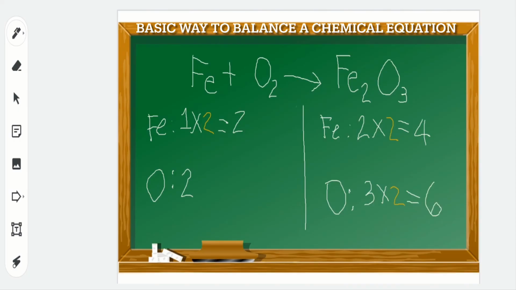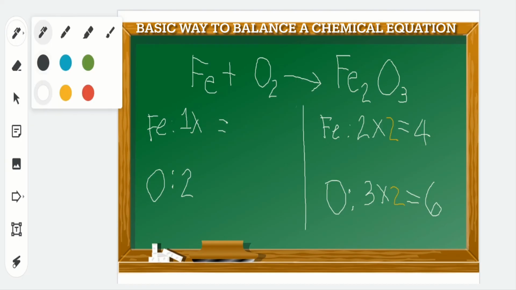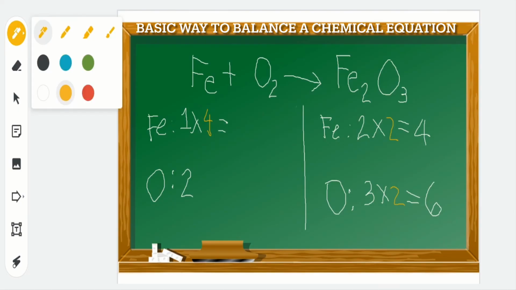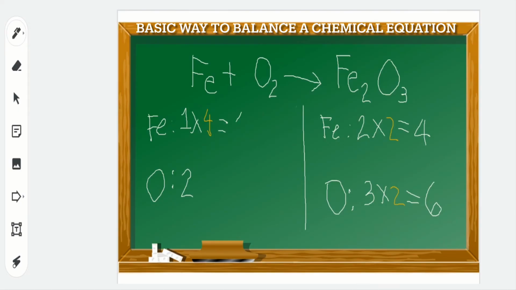So ibig sabihin, mababago yung coefficient na natin dito sa iron. Instead of 2, let's erase this part here, i-multiply natin siya ng 4 so that we will have 4 iron dito sa reactant side, which is parehas na ngayon sa ating product.